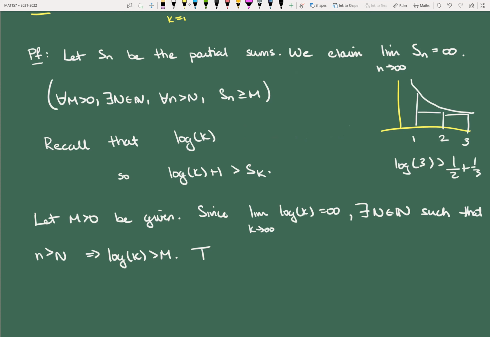So I want Sk greater than log k. Because I think in assignment 10, there were 2 sides to that inequality, right? And it's just depending on whether you use the upper or lower Darboux sum.